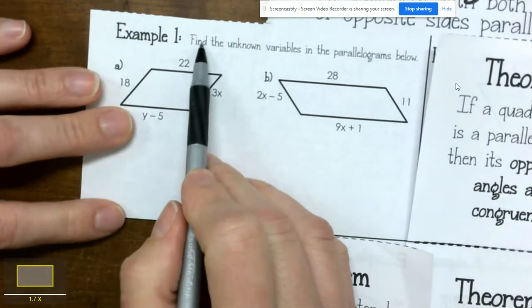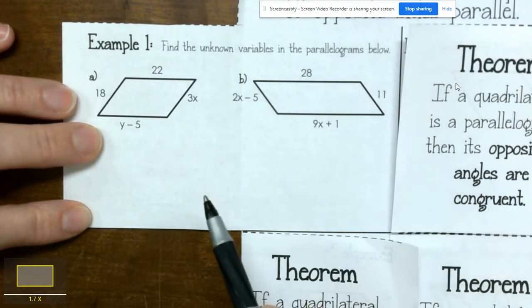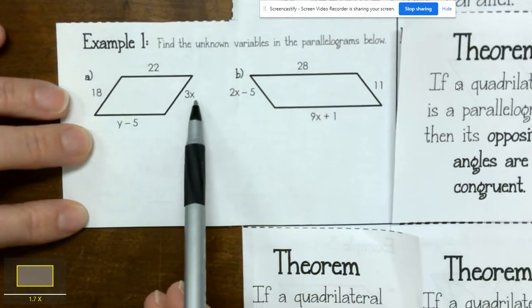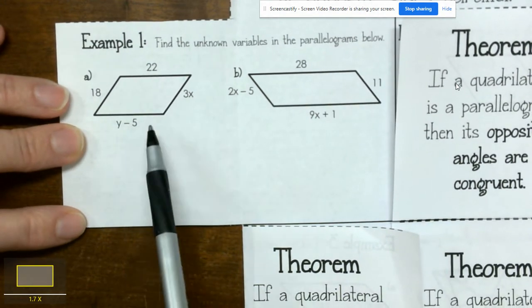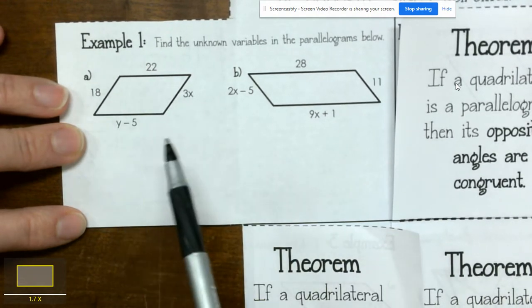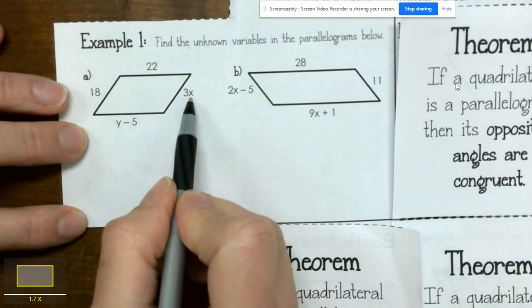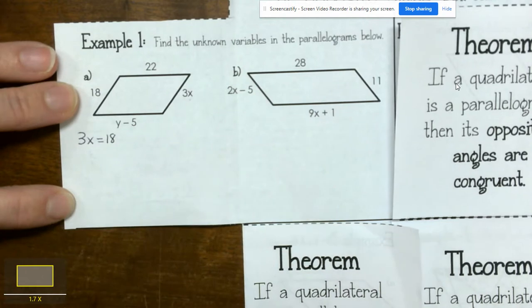All right, example 1 says, find the unknown variables in the parallelograms below. Now notice, my variables that I have here are an x and a y. But we just learned a theorem that said that opposite sides of parallelograms are congruent. They're equal. So to find x, I can set 3x equal to 18.